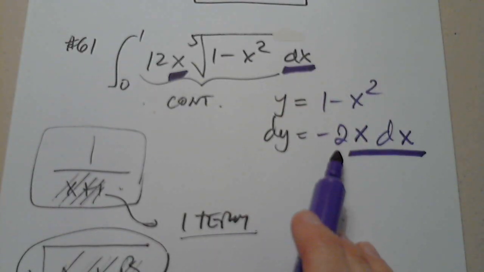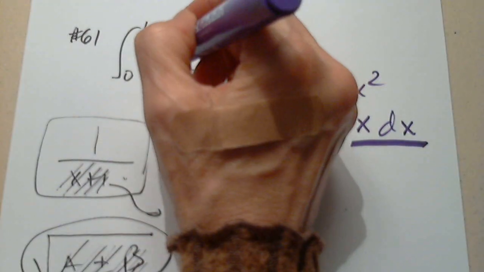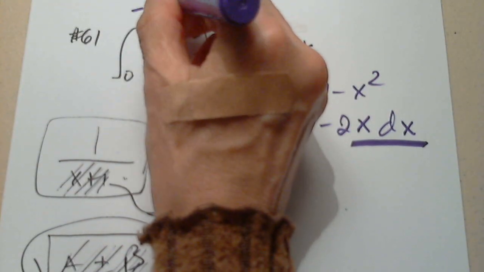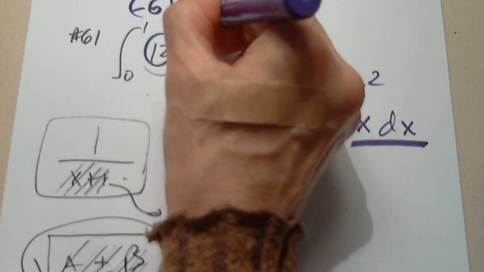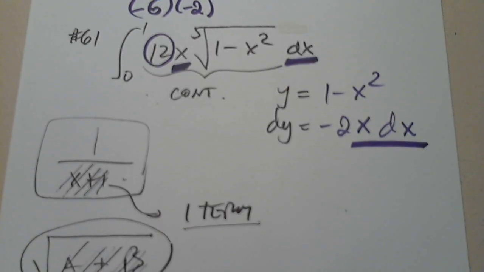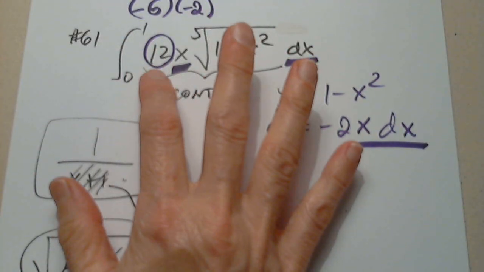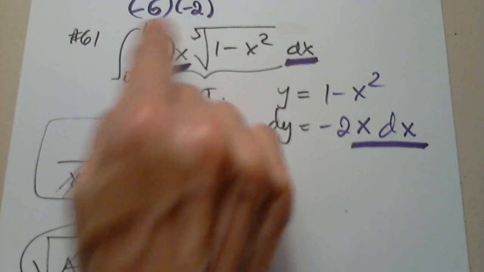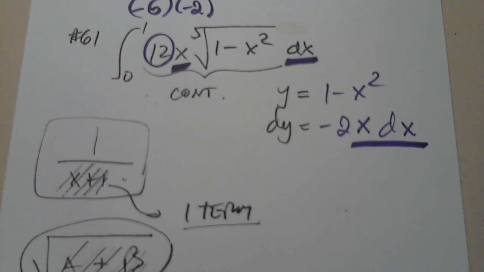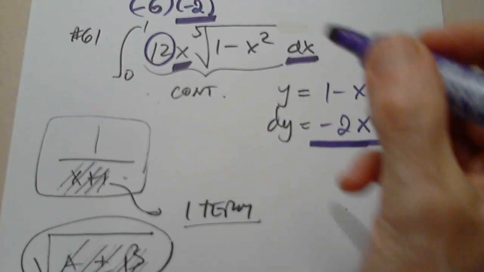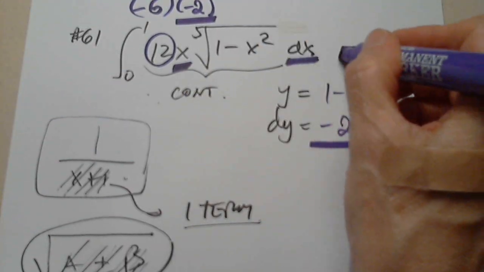I don't have the -2, not a big deal, because I can rearrange 12 as -6 multiplied by -2. There is no need to make up the -2. It's there. I will just rearrange 12 as -6 and -2. So now I have the -2, I have the x, and I have the dx.